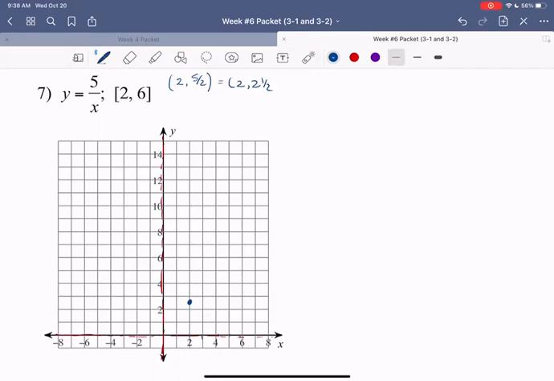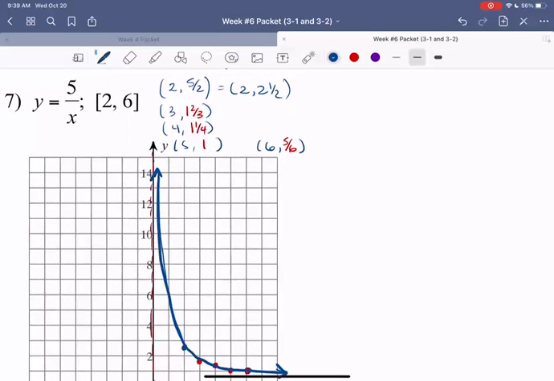So what I'd like you to do is pause the video and determine all of those points on our curve. Find those y values for when x is 3, 4, 5, and 6. When you do that, you should see that your y values look like the following.